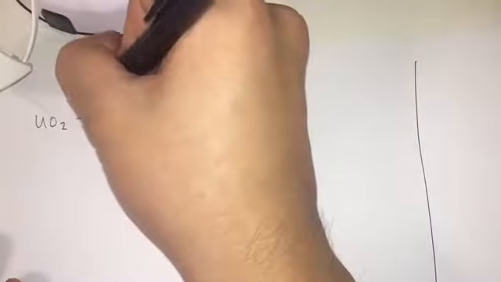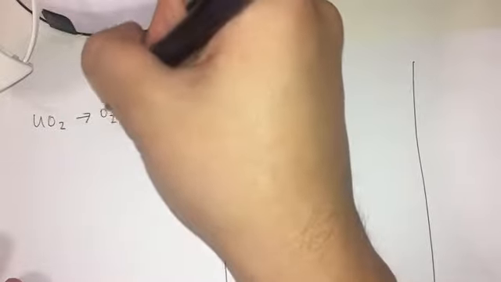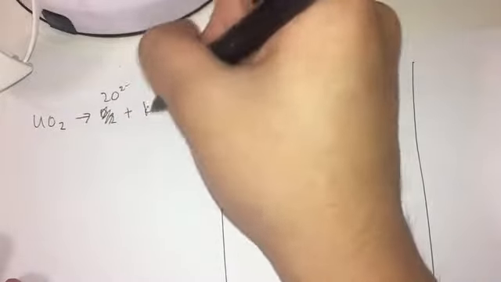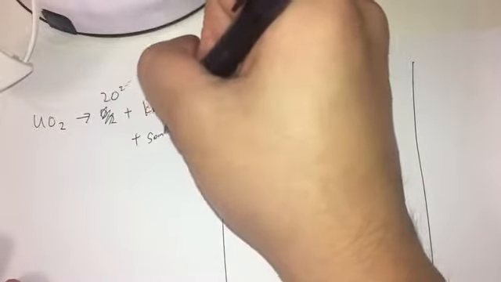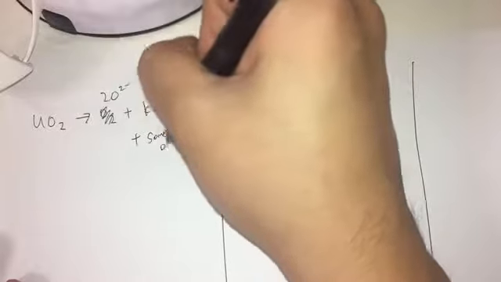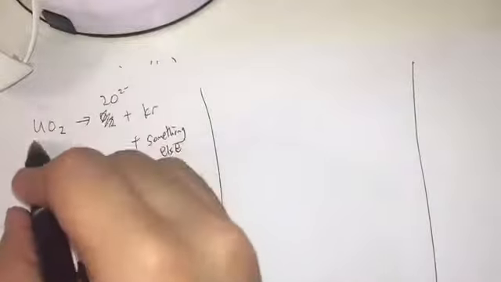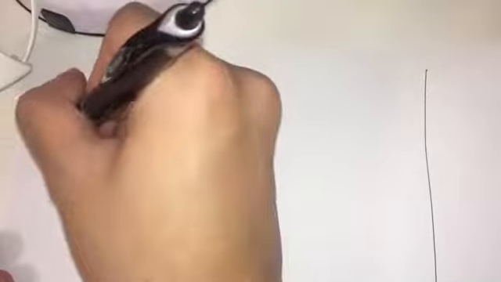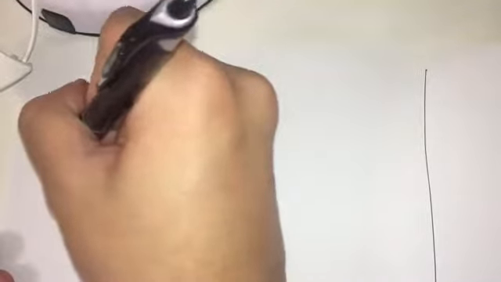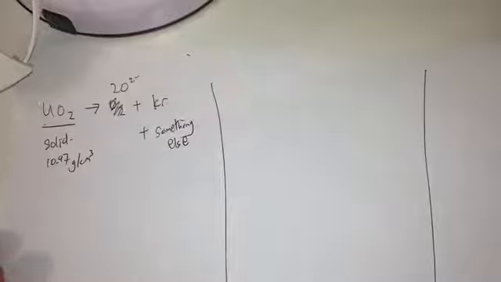Now the other thing is that if we consider this reaction, so we have some UO2 plus 2 oxygen, and then we have krypton plus something else. What just happened to the density change over here? This is a solid, 10.97 gram per cm cube, thereabout.